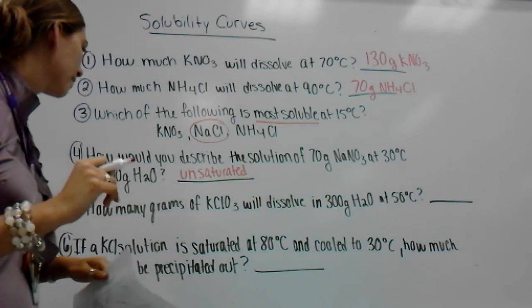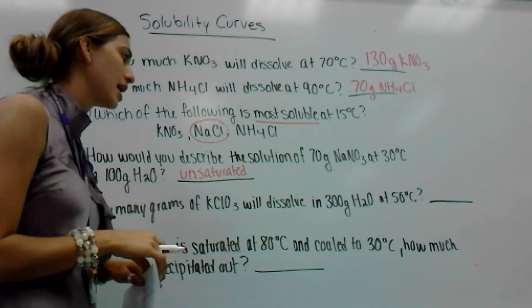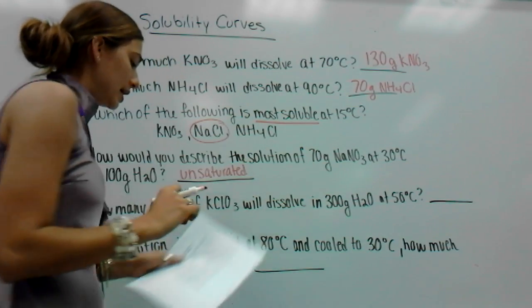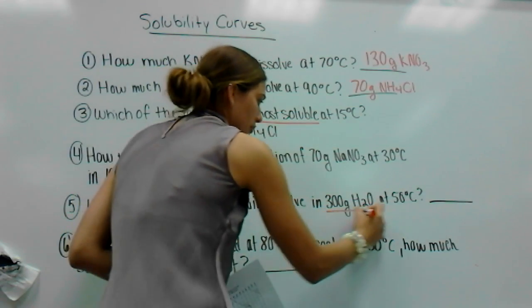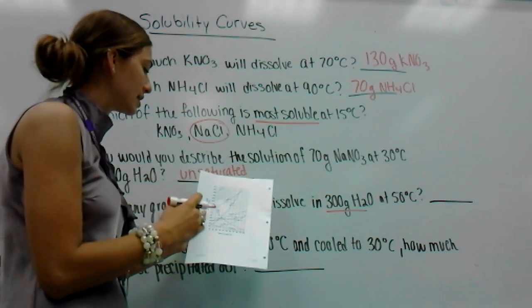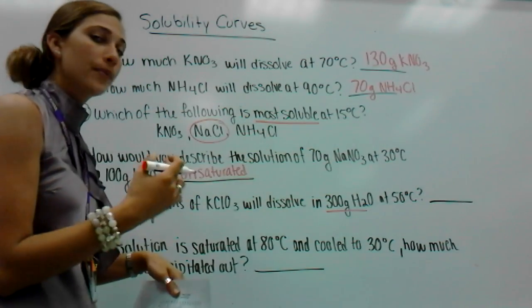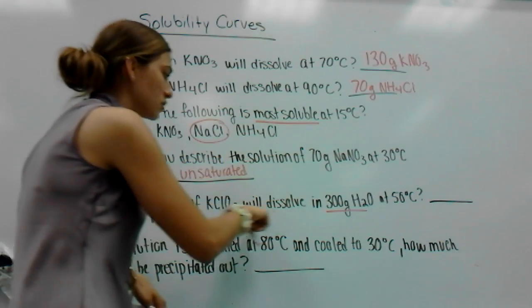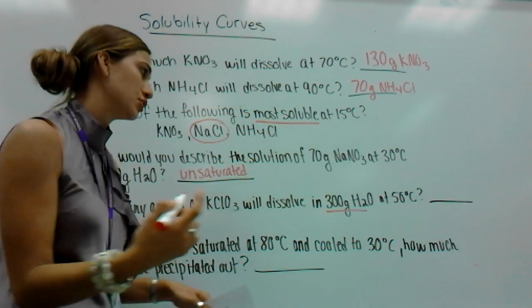Okay, number 5 says, how many grams of KClO3 will dissolve in 300 grams of water at 50 degrees Celsius? Now, this says 300 grams of water, but if you look, our solubility curve only says 100 grams of water. But for this problem, we can set up a proportion. We want to know how many grams will dissolve, so that is at the saturation point.